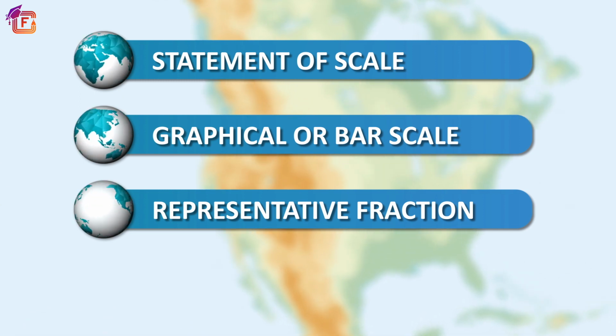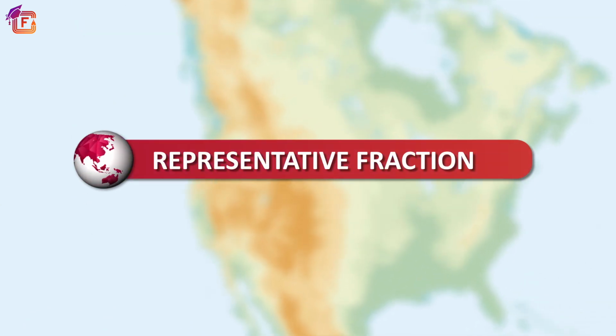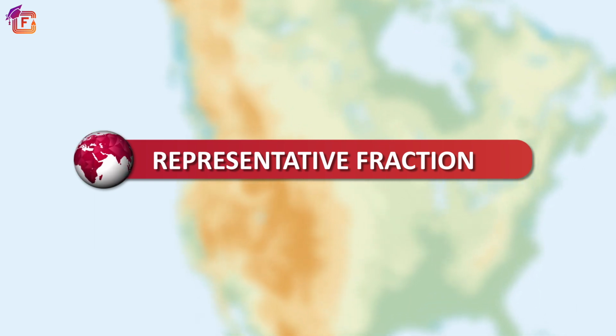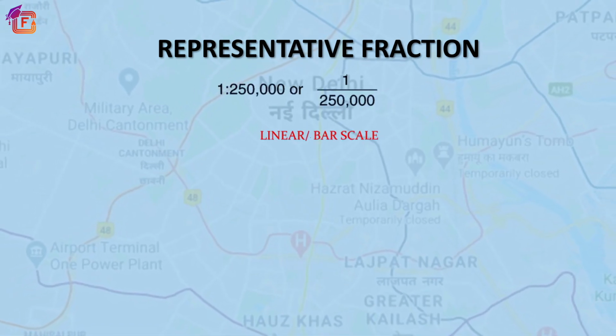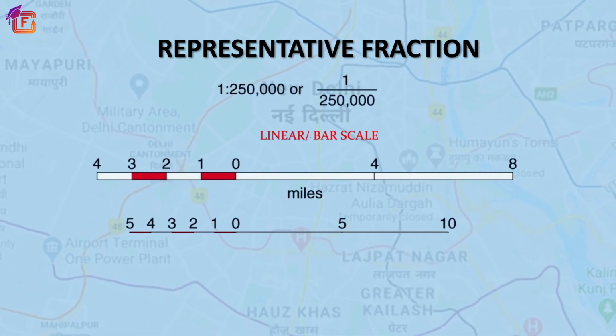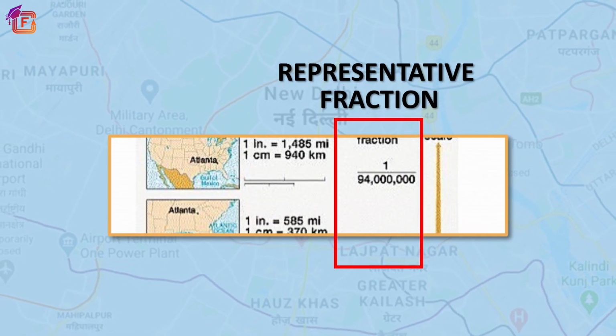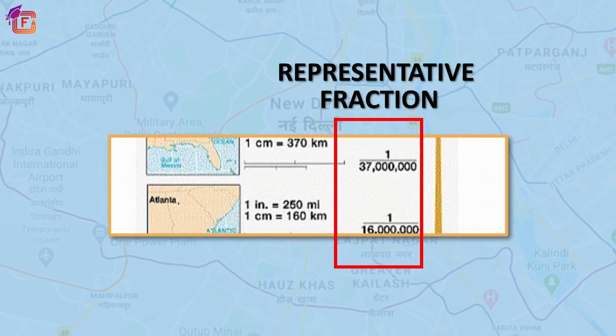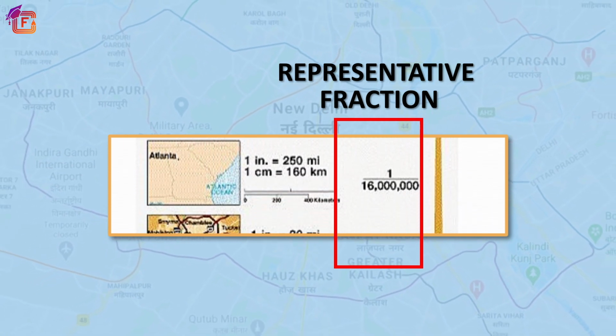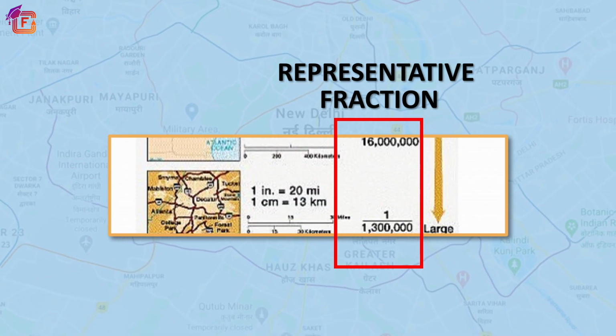Learners, can you now guess what representative fraction is? No? Okay, don't worry, I'll tell you. Representative fraction is a map or plan scale method expressed as a fraction that indicates the ratio between the distance of a unit on the map or plan and the distance measured on the ground in the same units.